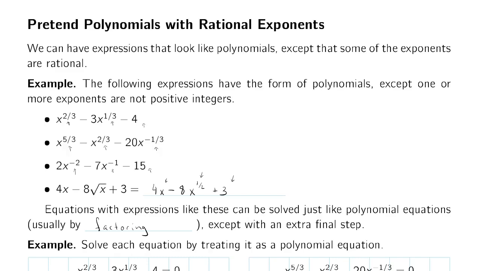It's just that at the last step, where in a polynomial equation we would have x equals a number, in these equations we'll have something like x to the 1/3 equals a number, x to the -1 equals a number. So we'll have some cleanup steps to do after the polynomial solving step. So let's see how this plays out.